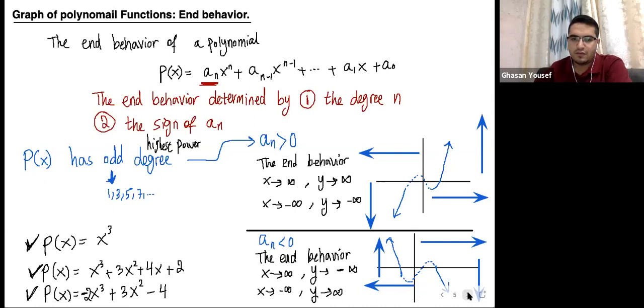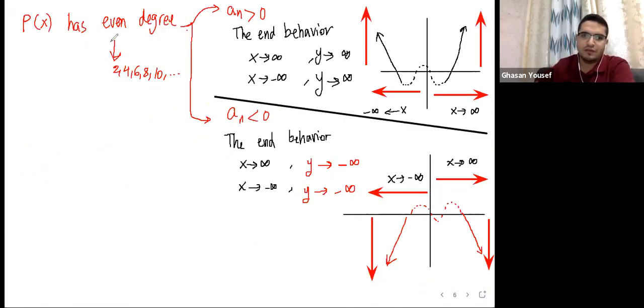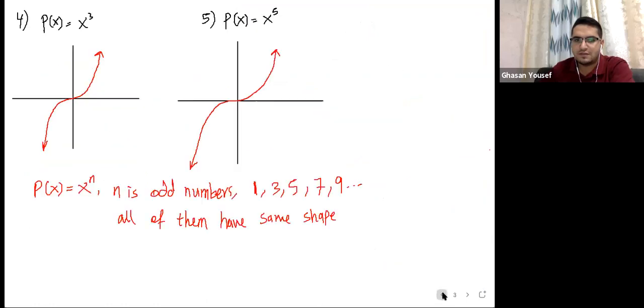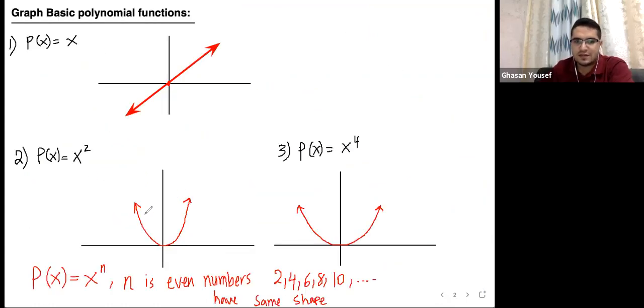Okay, now for the second one, if you need an example, b of x equals x squared. This is the basic one. And I know how to graph x squared. It looks like this.